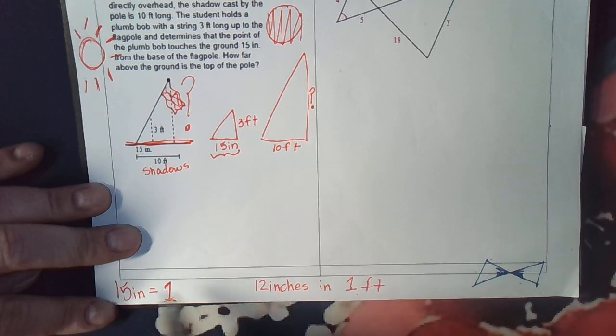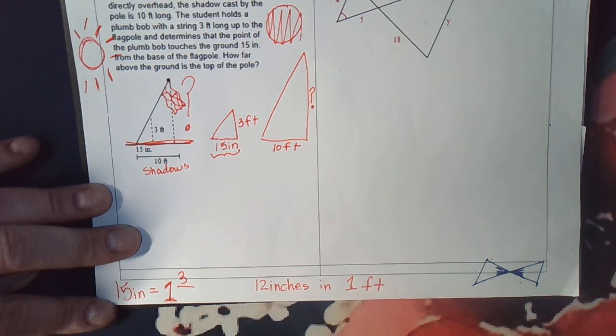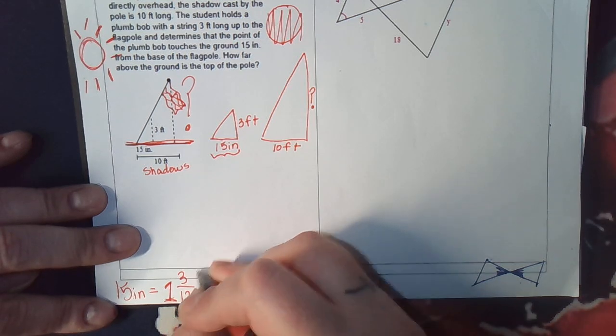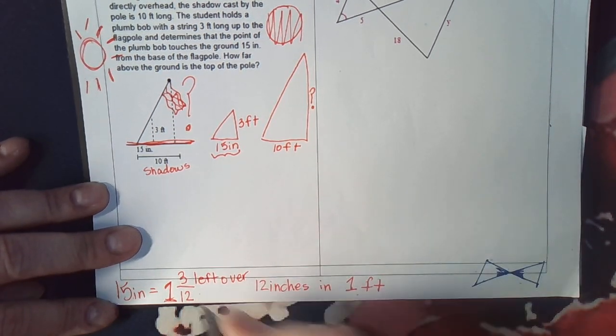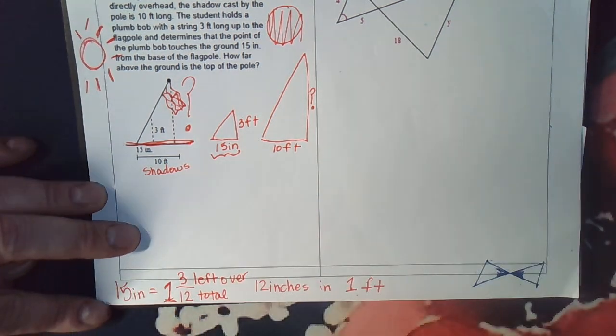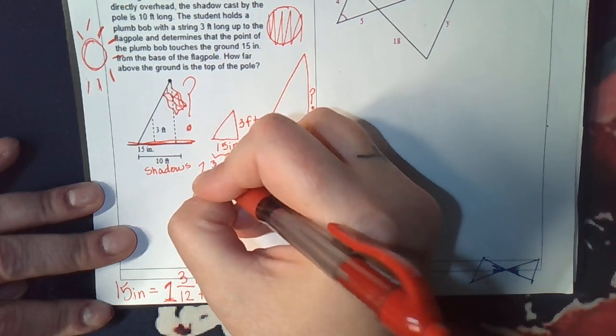There's 12 inches in 1 foot, so this is 1 foot, but there's 3 left over. To do 3 left over, we say 3 on top of 12. The 3 is what's left over. The 12 is how many total inches there could be. So this is 1 and 3/12.